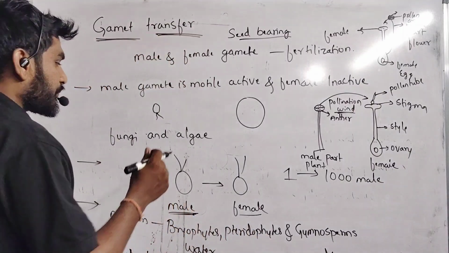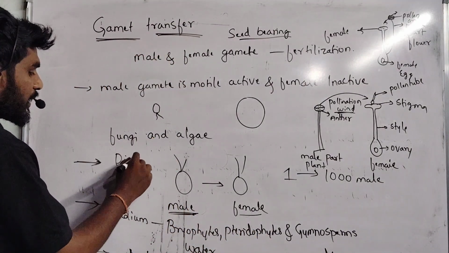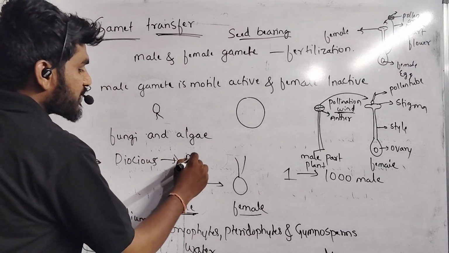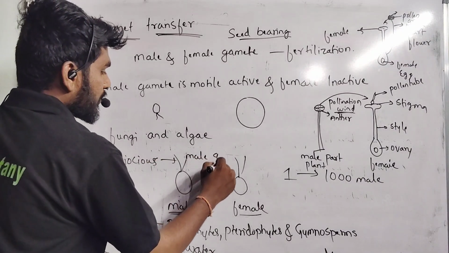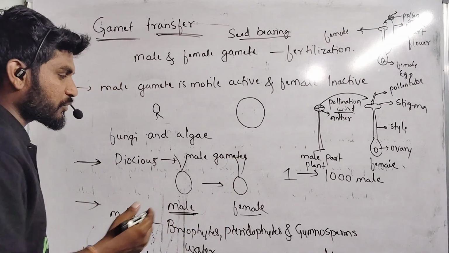In the case of dioecious animals, anyhow, the male gametes need to reach the female sex organs for the fertilization process.